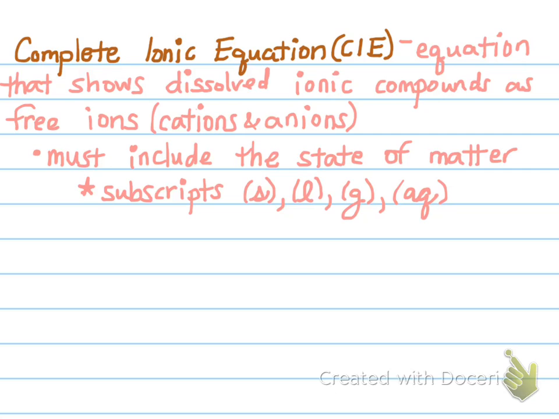Now we want to do this complete ionic equation. We want to take this equation and write it so that it shows our dissolved ionic compounds as free ions, as cations and anions.